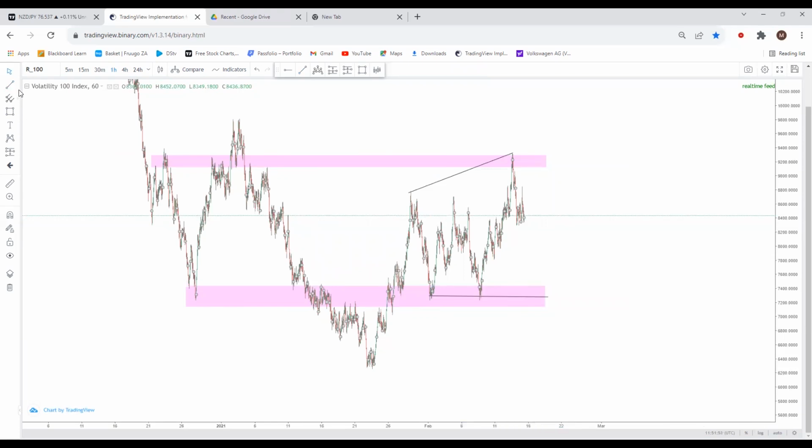We are expecting movements like this, and then this touch will be considered the third touch to this support, and that is when we are going to start looking to go to the upside.